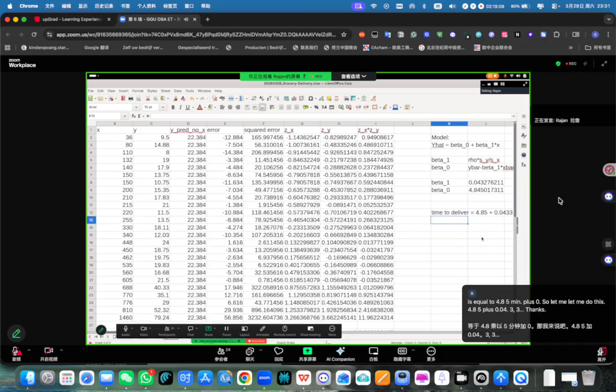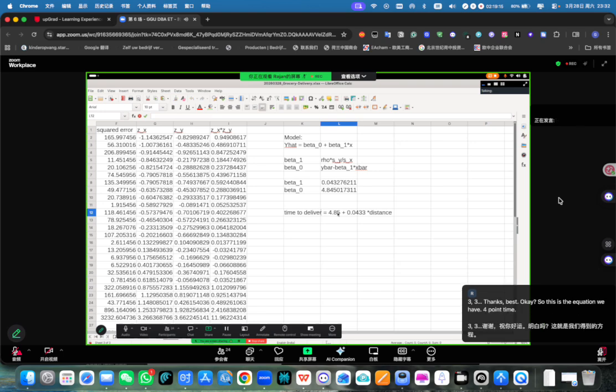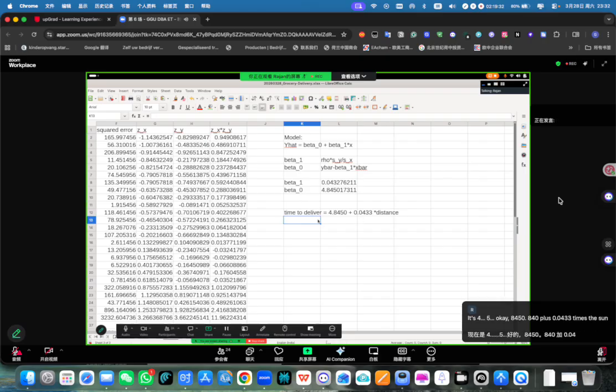Okay, so this is the equation we have. This is the best model for our data.